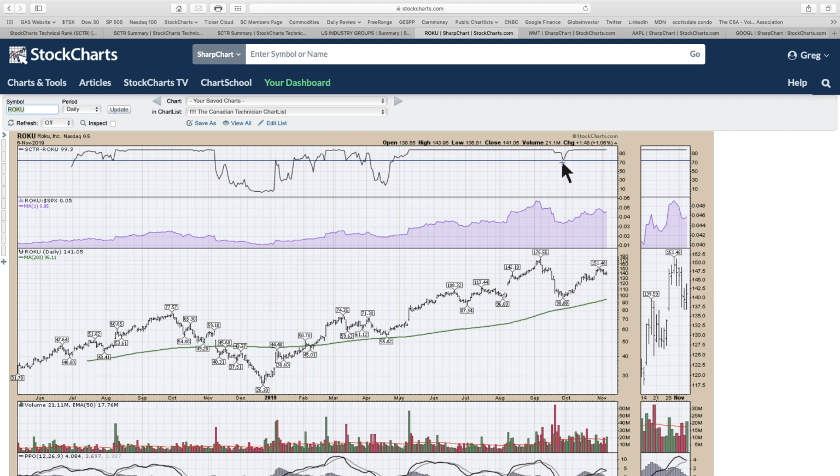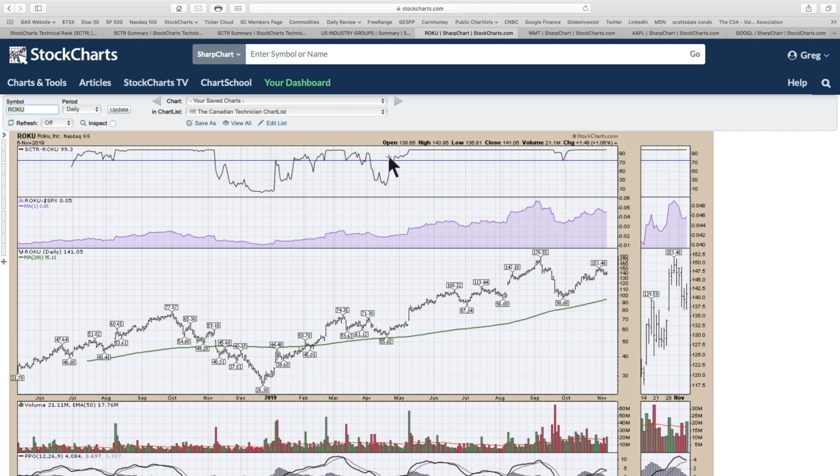Then it had a brief dip, ran up, and I think it was after hours today that Roku reported. But the point I want to make is when these stocks do well, the SCTR ranking isn't the best selling tool for me. I would tend to use this relative strength line better.